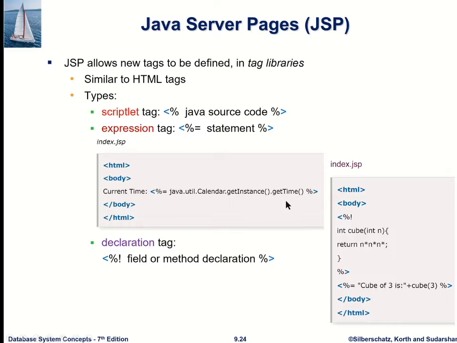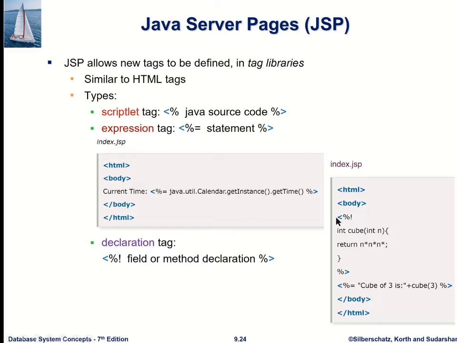And also we can use declaration. That means we can declare a field or method. So we use this as the beginning. Like this one, we define a function here. Integer is the return type, and then cube takes input integer n, and then we return n cubed, n by n by n.